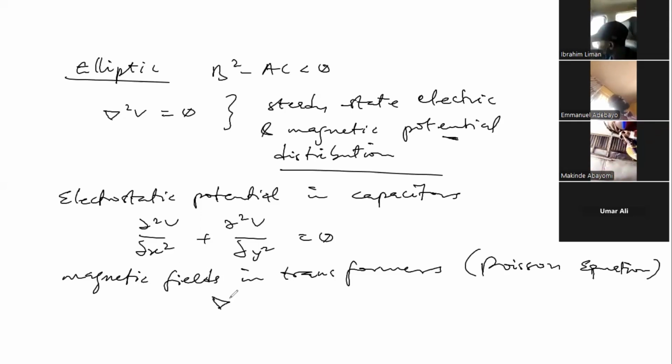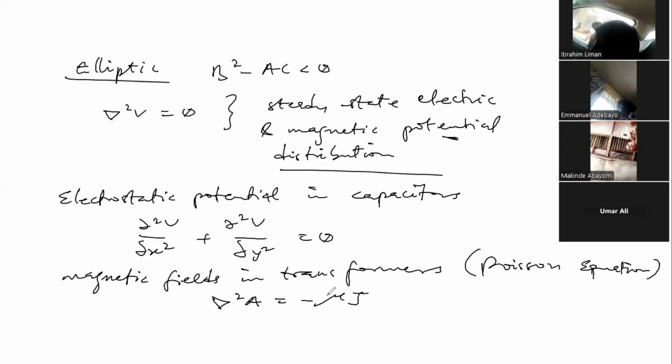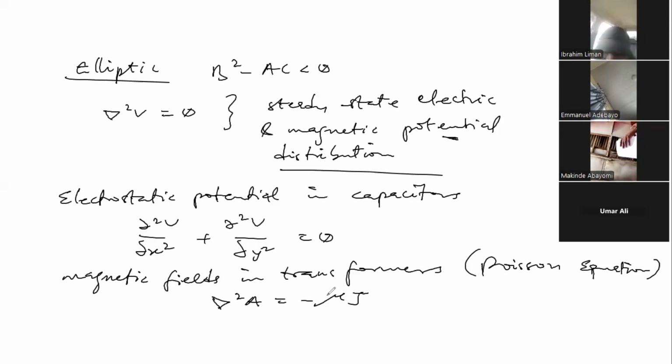Say the Laplacian of A might be the same as minus mu J. Okay. So here we want to compute the magnetic vector potential in electrical machines. And we also use this for designing transformer motors and insulators and all of that. And what we are not dealing with here is propagation. We are literally talking about the elliptic partial differential equations.